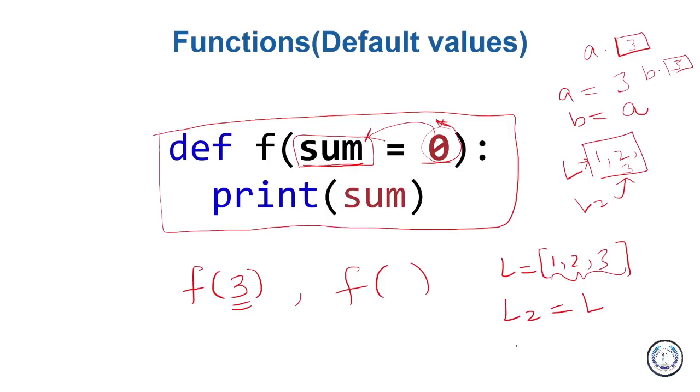So if you change any value in L2, at the zeroth index, let's say you change it to -9, it is the same view in memory, so it changes. Now if you print the elements of L rather than L2, you will see the changed value.